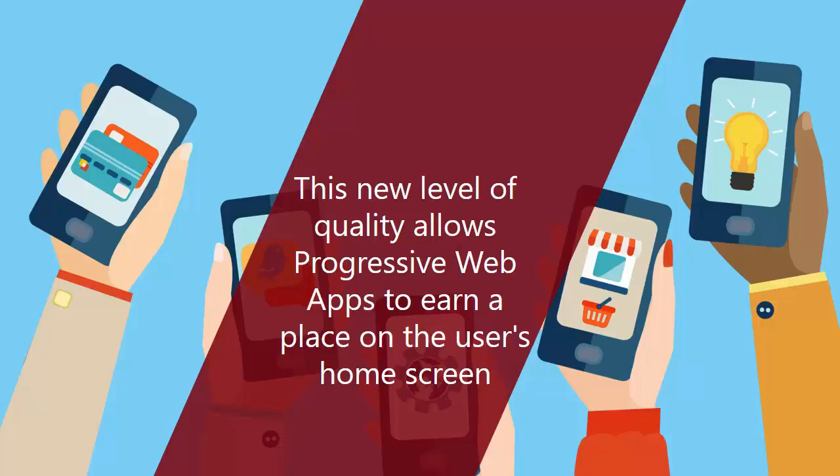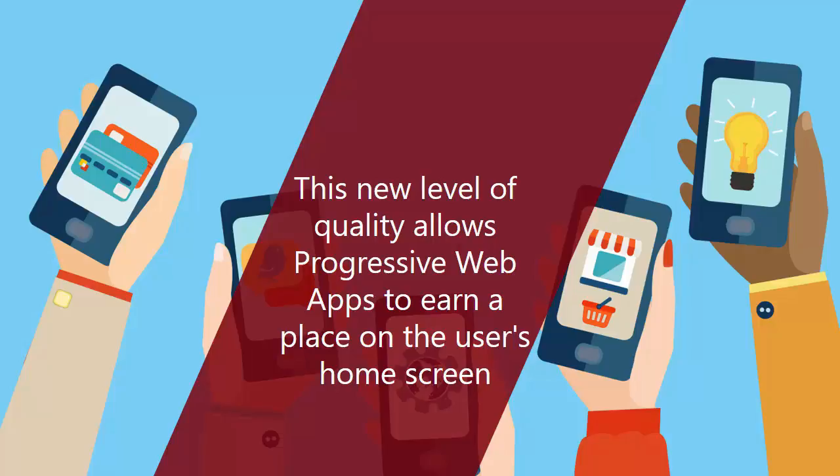And that icon on their desktop or their home screen represents a unique bond where they like your brand enough to make it part of their day-to-day experience. Even if they don't open your application, your brand logo is sitting there on their home screen, reminding them of who you are and reminding them of that relationship that you have with them.